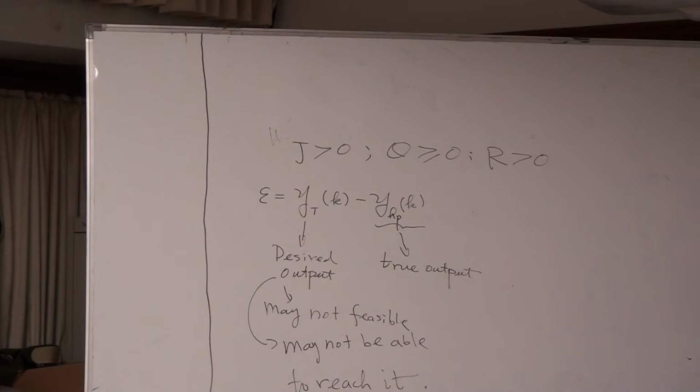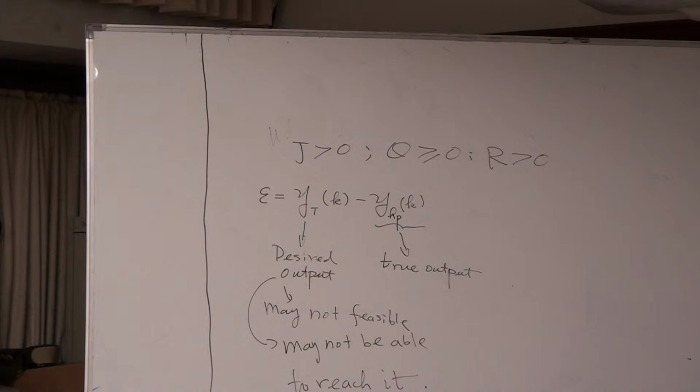And this has the same properties. When R goes very large and Q very small, this pseudo inverse will become very small, and your U will be very small.